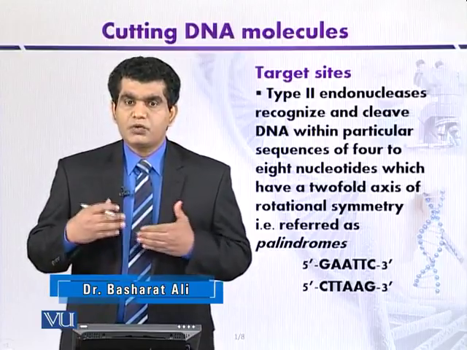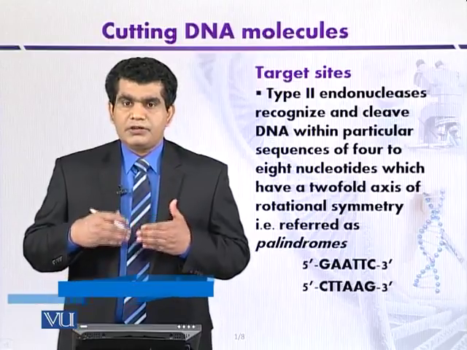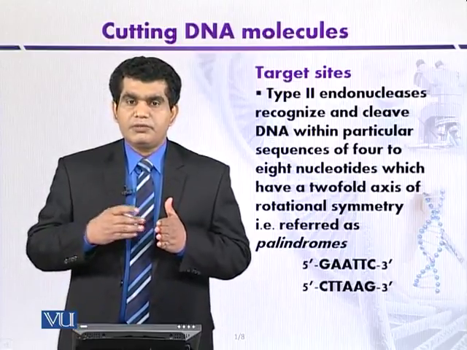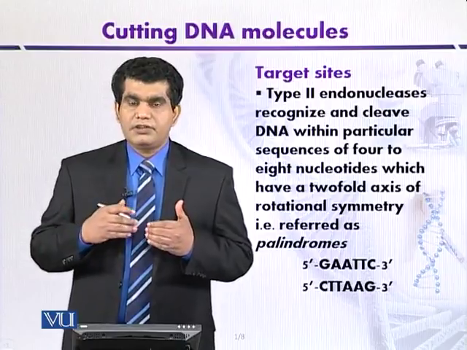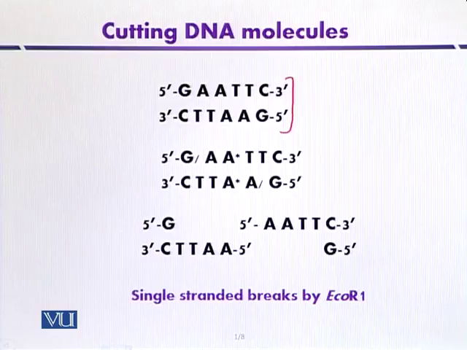Now what is a palindrome? A palindrome means words that are read similarly from either the right or the left side. For example, here this is the recognition sequence for the EcoR1 restriction enzyme. Which sequence can we call a palindrome? One that reads the same from 5' to 3' in either direction.